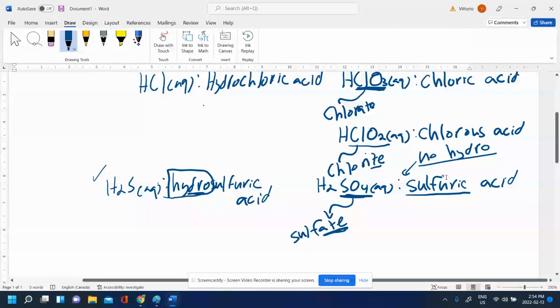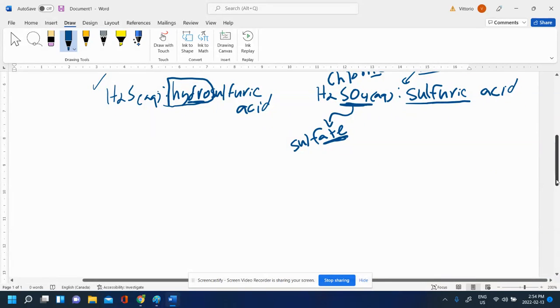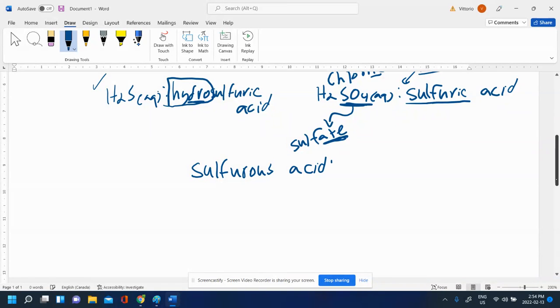So now we're going to take a quick look at how to go from the oxyacid name to the oxyacid formula. So here we go. We have sulfurous acid. From this name, we know it's going to be an oxyacid because there's no hydro in the front. So what we're going to do is write the H first as +1. And we have to figure out which polyatomic ion this is. This is either going to be sulfate or sulfite. So notice how the ending is OUS.